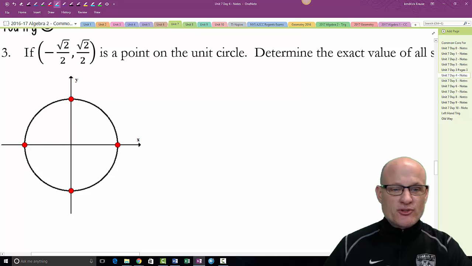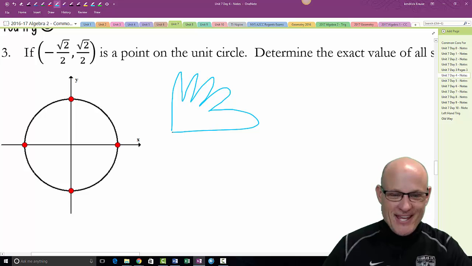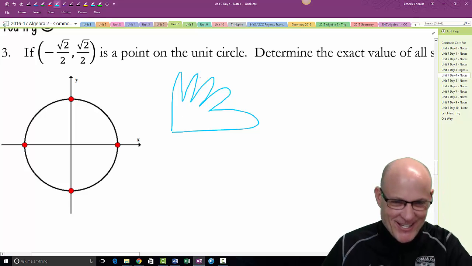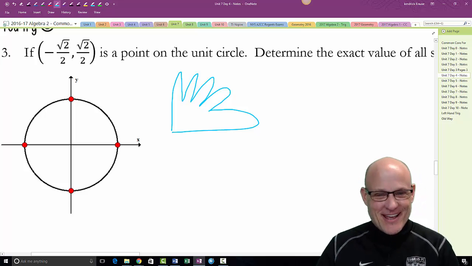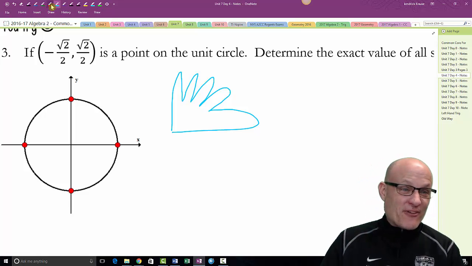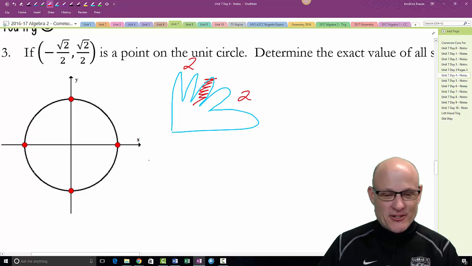All right, radical 2 over 2. So, again, going with our hand, we're going to get rid of the second finger because notice I got 2 to the left and 2 to the right.